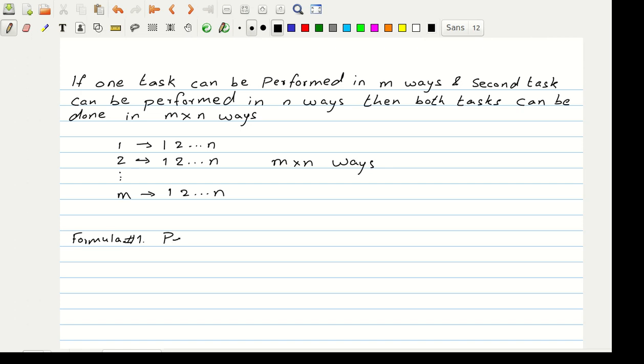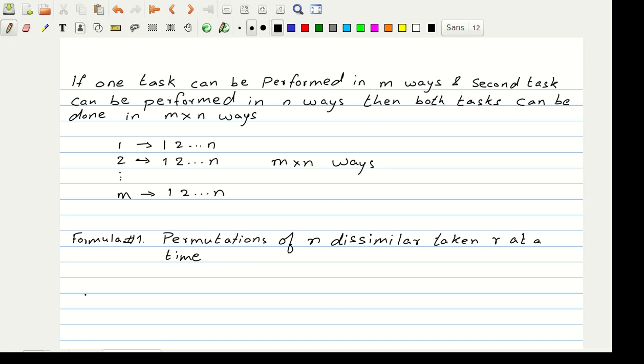And now we will consider a formula. Let us say this is formula number 1. It talks about permutations or arrangements, whichever word you find easier to remember, of n dissimilar things. Okay, this is very important to remember. All things are different, they are not similar. N dissimilar things taken r at a time. We have already done this before.